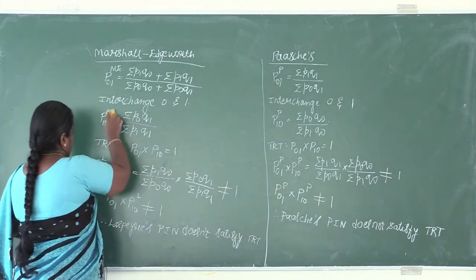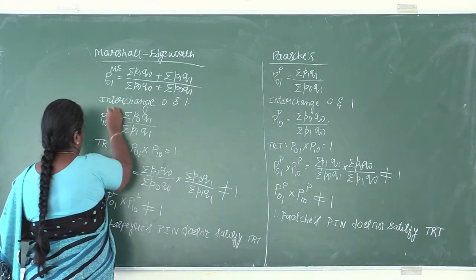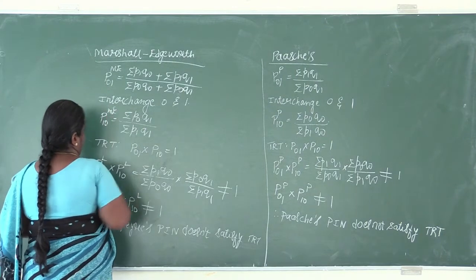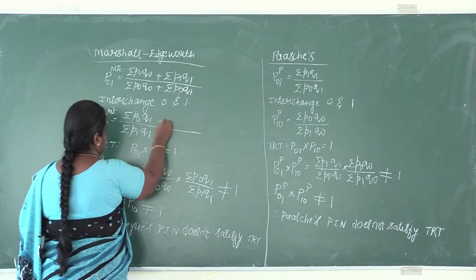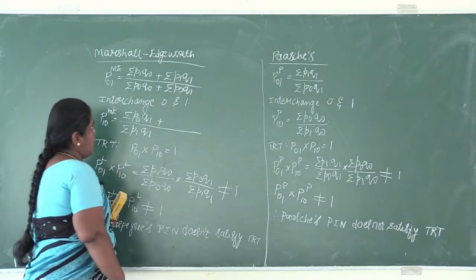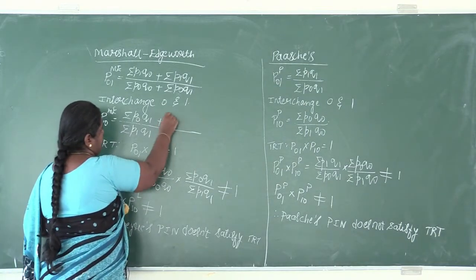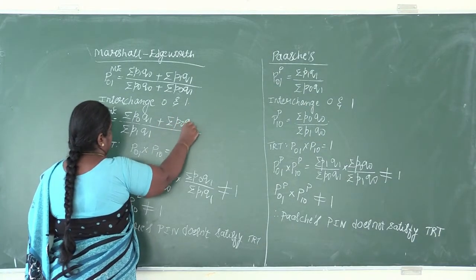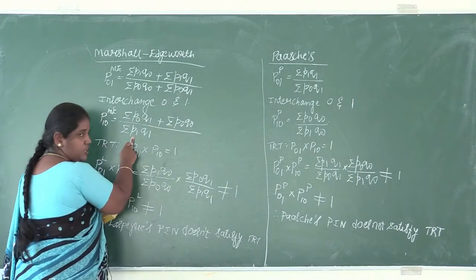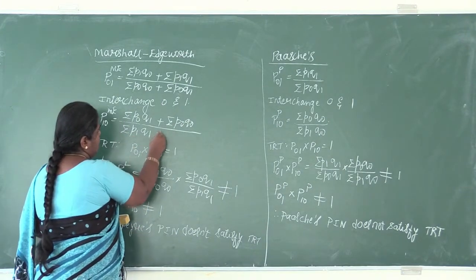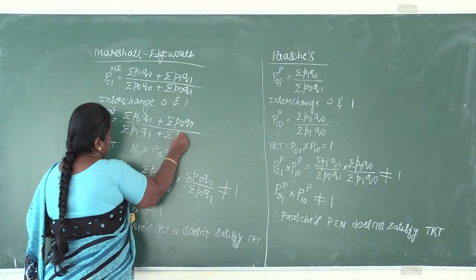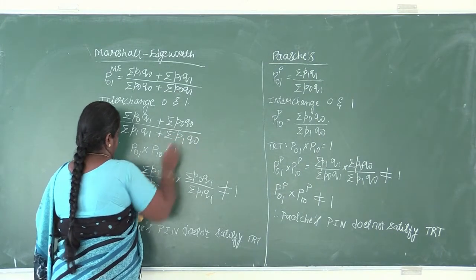Again it is not taken. Interchange 0 and 1. We'll get P10ME equals sigma P0 Q1 plus sigma P0 Q0 divided by sigma P1 Q1 plus sigma P1 Q0.